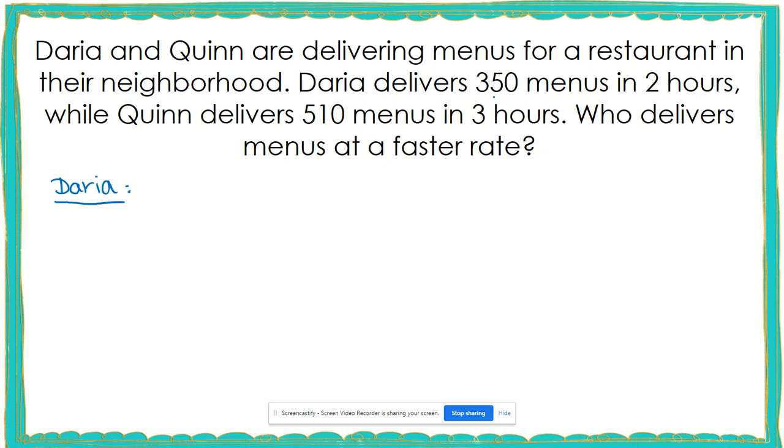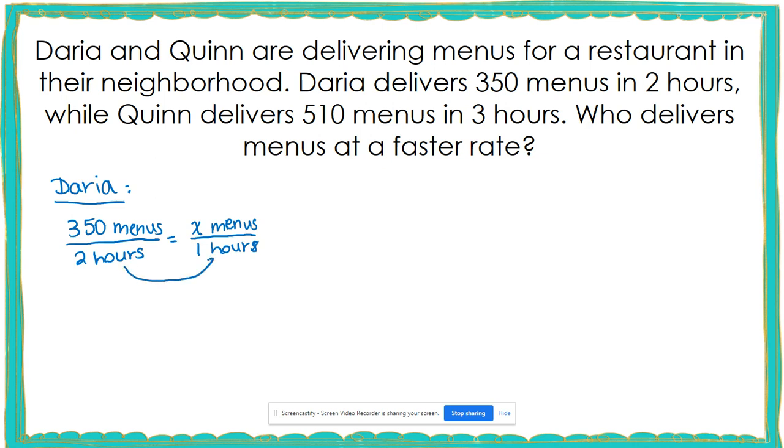I know that Daria delivers 350 menus in 2 hours, so that's going to be my ratio that I use, 350 menus to 2 hours. I'm going to set that equal to, I'm going to use the variable x for the number of menus, and then I know that I'm looking for however many menus for just 1 hour.